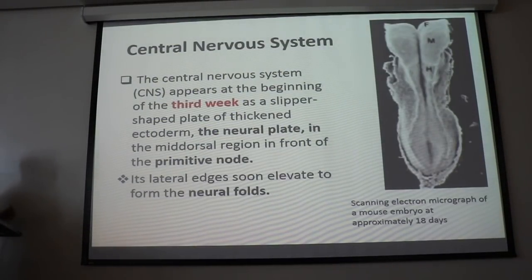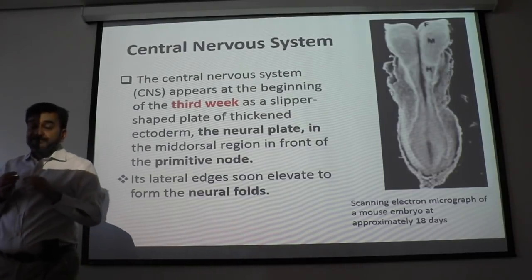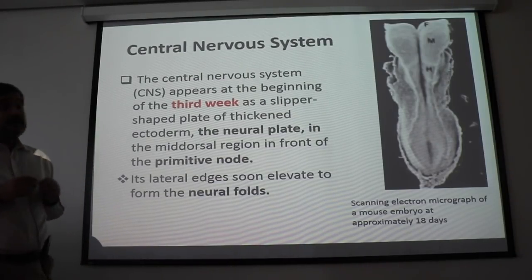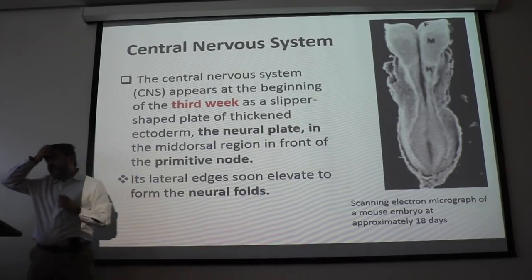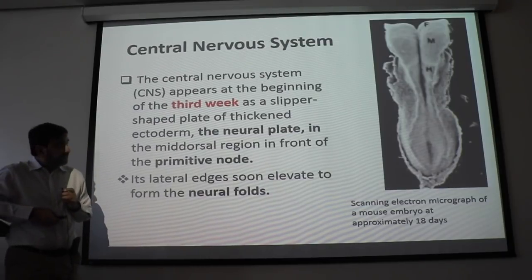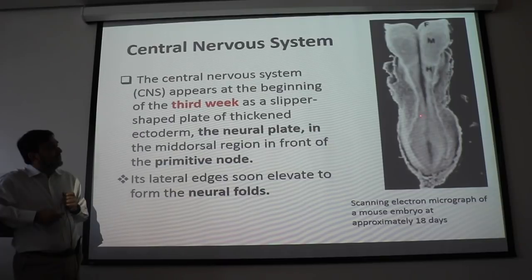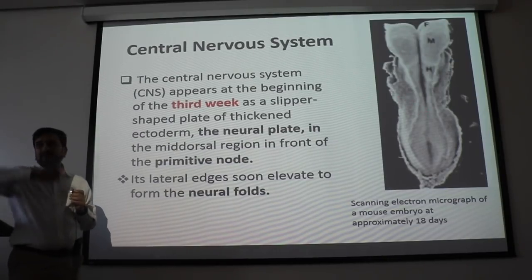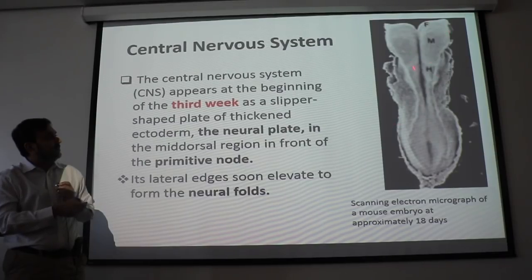Okay, now we are coming to the embryological development of the brain. So, as you know, the brain starts to develop around the third week of development. And if you see this picture, if we take the amnion out, you are seeing a slipper-shaped ectoderm.